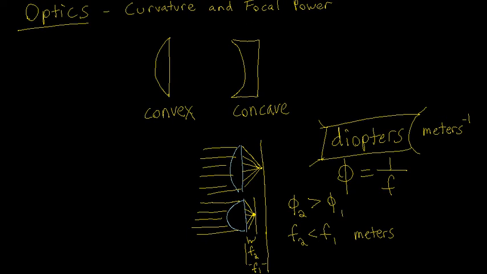The other thing that I want to emphasize is that it is in no means significant that I made one side flat in the previous lecture. Curvature of the same type adds together.